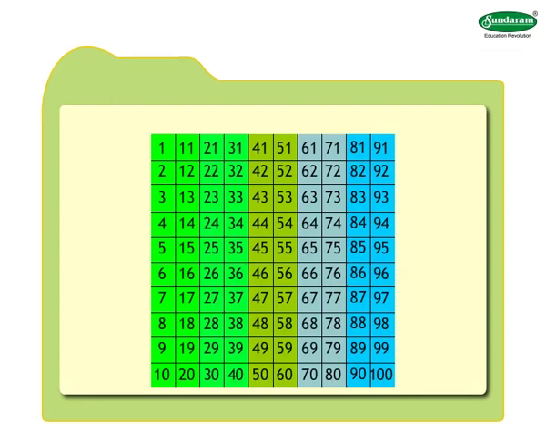We know how to read the numbers from 1 to 9. 1 say 1, 2 say 2, 3 say 3, 4 say 4, 5 say 5, 6 say 6, 7 say 7, 8 say 8, 9 say 9.